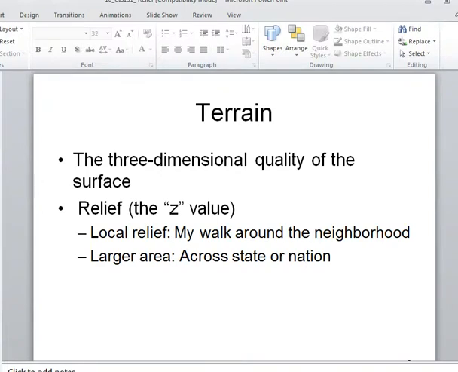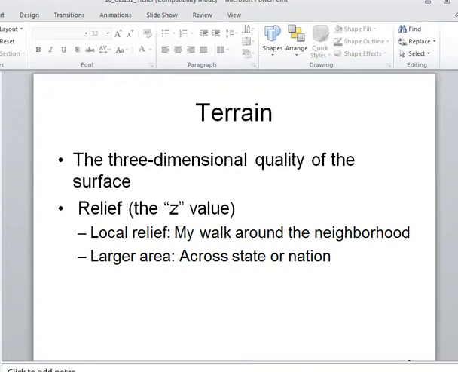When we're looking at relief, we're really talking about the terrain and that sense of a three-dimensional quality to the landscape or to the surface. With latitude and longitude, we're talking about the x and the y values, or the y and the x values, if you say it that way, which are the horizontal distance, and the elevation distance is often considered a z value.